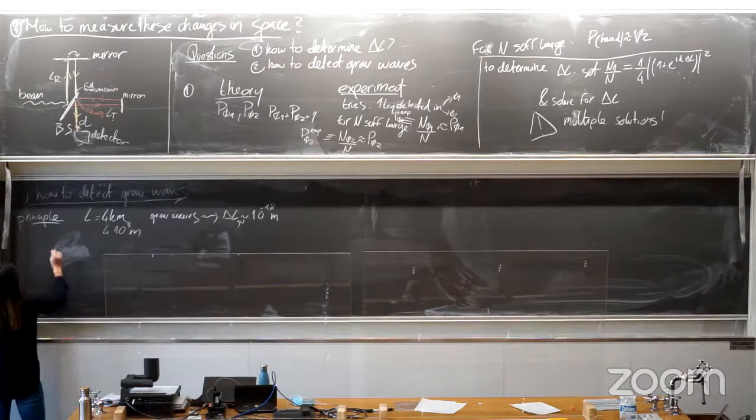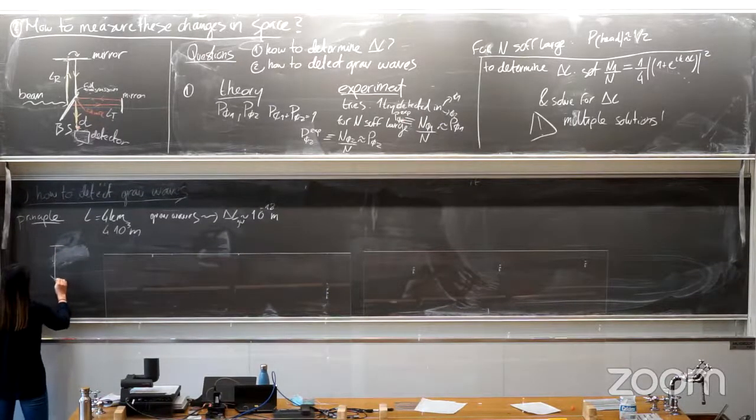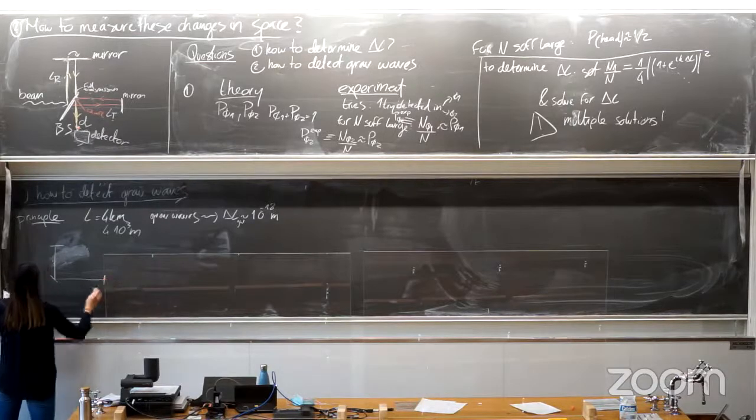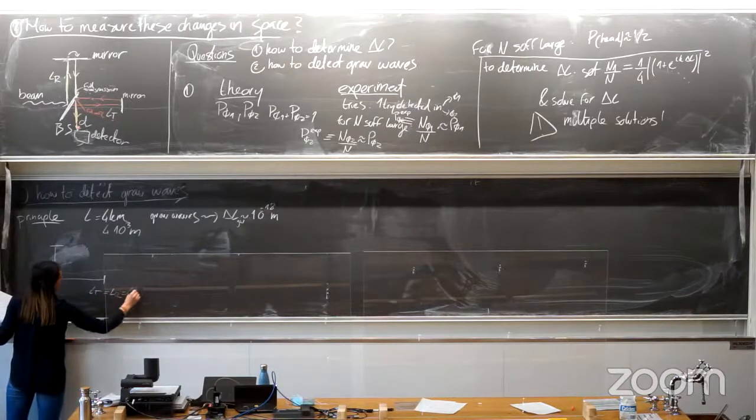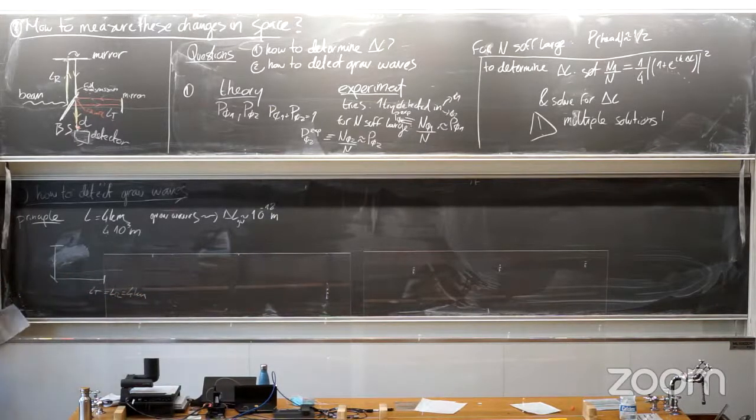In the experiment, there are some detectors, I think at least 2 in the US. And we have that LT is equal to LR, and it's 4 kilometers. If you think about it, already making them exactly the same length is a challenge.